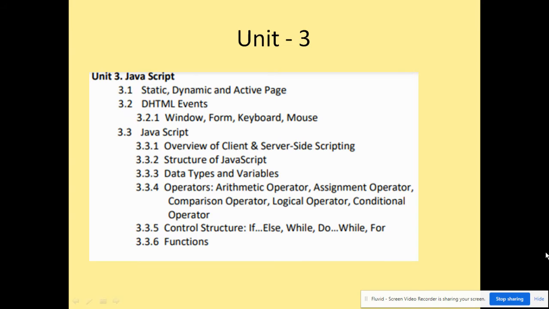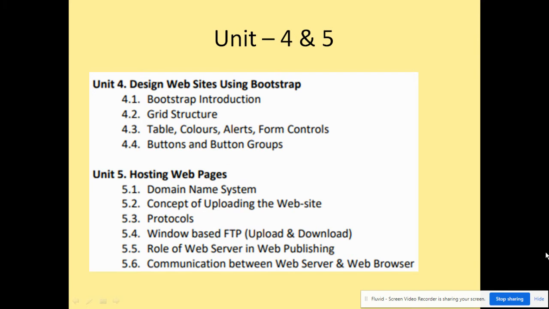Unit 3 consists of JavaScript, where it has a briefing about the different types of pages, events, then the structure of JavaScript, its data types, control structure, function, etc. Then units 4 and 5.